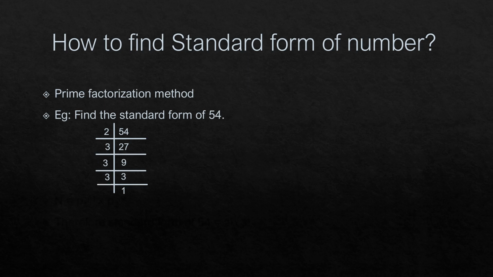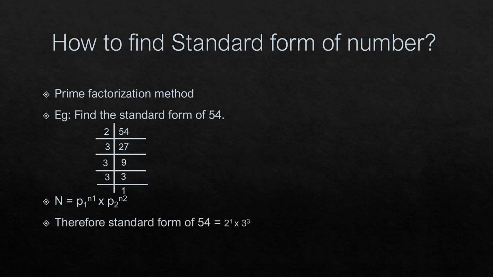So my dear students, N equals p1 to the power n1 into p2 to the power n2. Here we got only two prime numbers, that is 2 and 3. That's why we have taken p1 and p2.